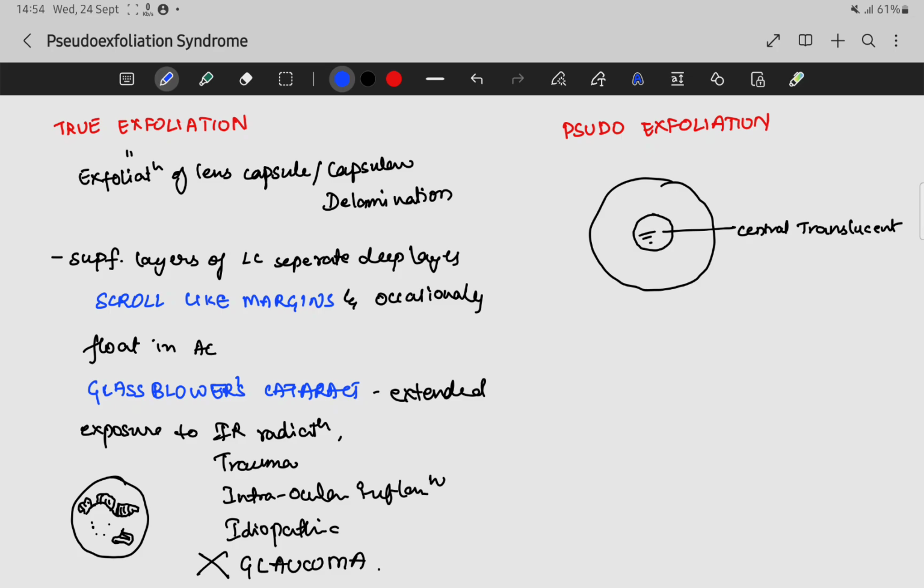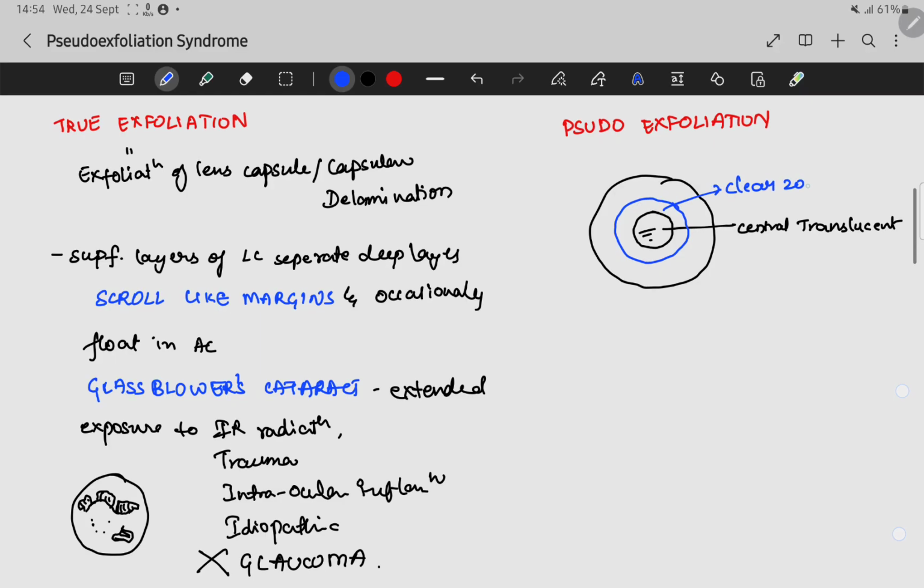Then there is a clear zone. So this clear zone is in contact with the moving iris. Then is the peripheral granular zone, which has radial striations.